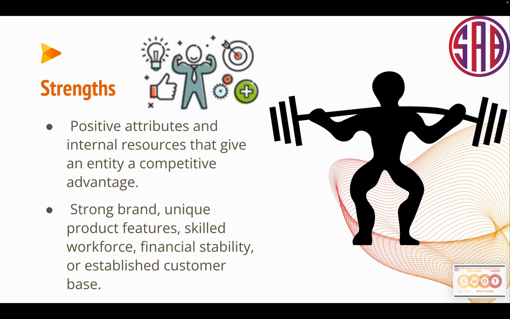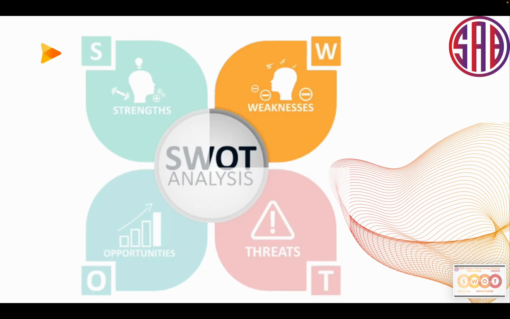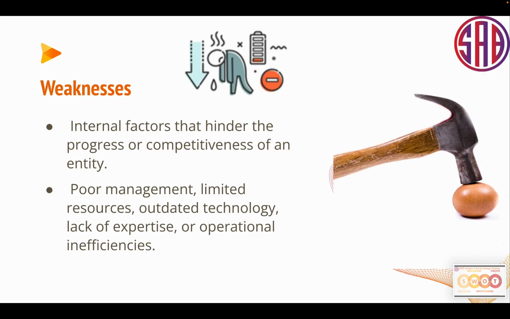Then on the other flip side, we have the weaknesses. These are the internal factors that hinder your progress or competitiveness of an entity. So what do we mean? This is where you find that you have poor management, limited resources, outdated technology, you're lacking expertise, or you have operational inefficiencies, which many examples relate to.